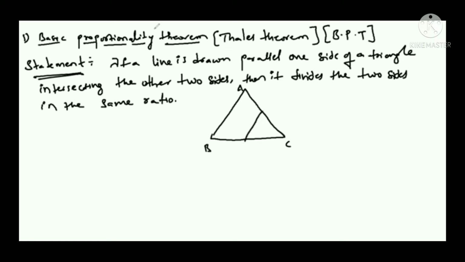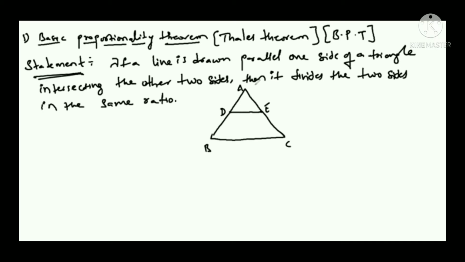Or you can draw this side, also parallel, or this side. But our convenient way is drawing it this way: D and E. This is parallel to this, and this line is intersecting the other two sides of the triangle according to the statement.